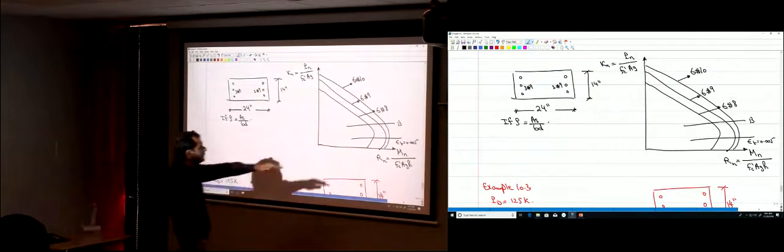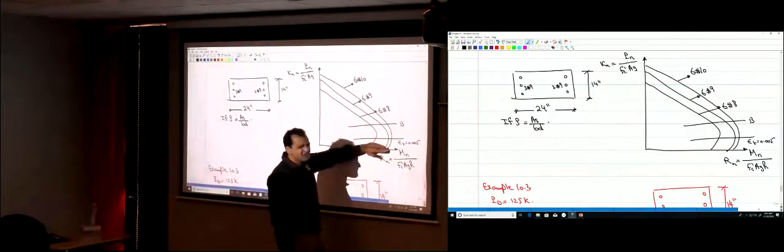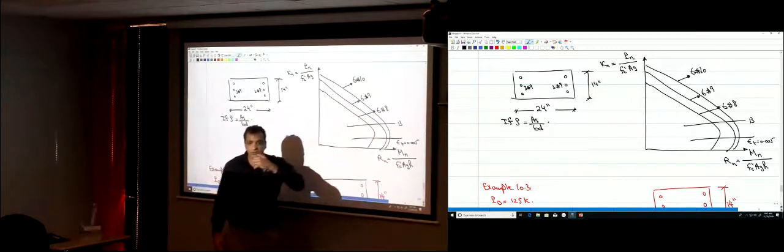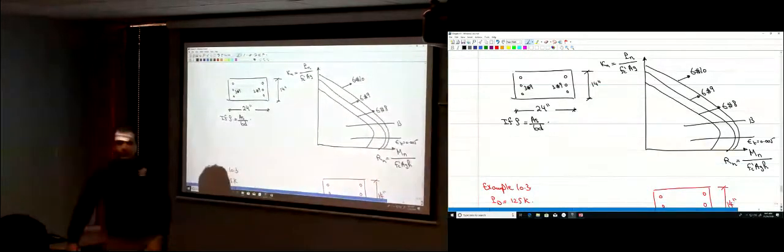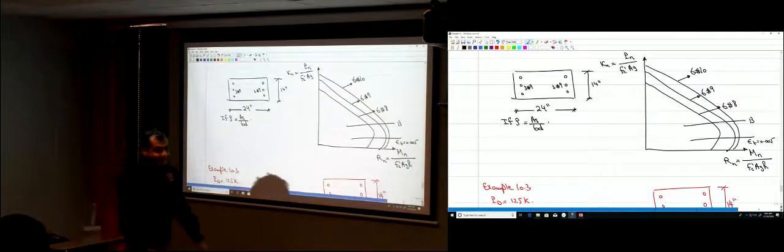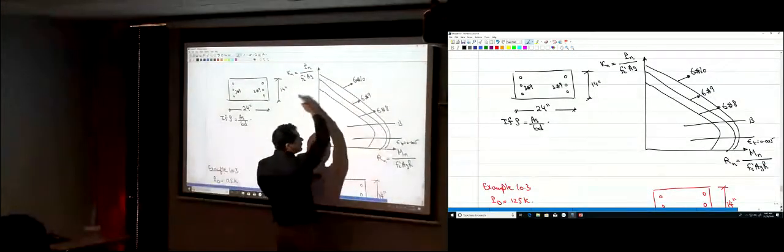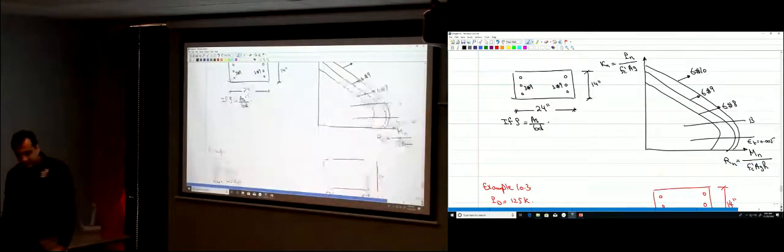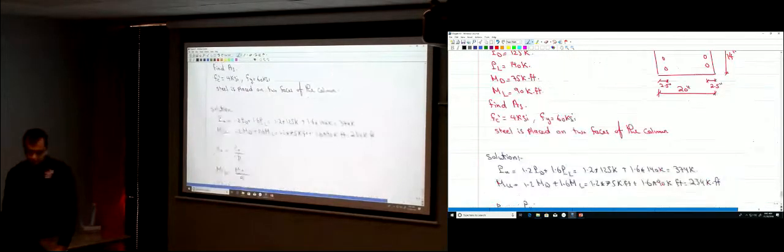If you're here, phi is 0.9, from here to here it's 0.9 to 0.65, and here it is 0.65. So how would you know? You have to assume a value. What value do you think you would assume? 0.65. Why 0.65? There's more region at 0.65. Exactly. The larger part of the curve is at 0.65. So just assume phi equals 0.65, and then you have to check this assumption.